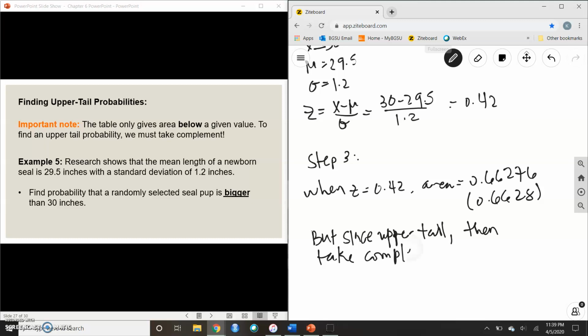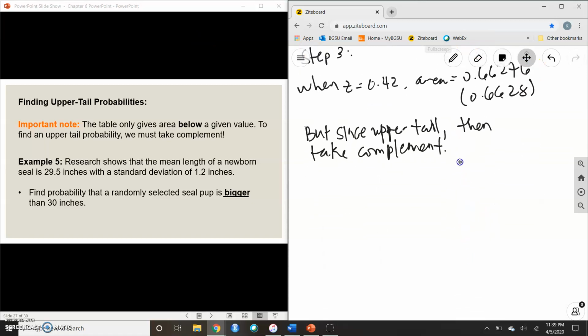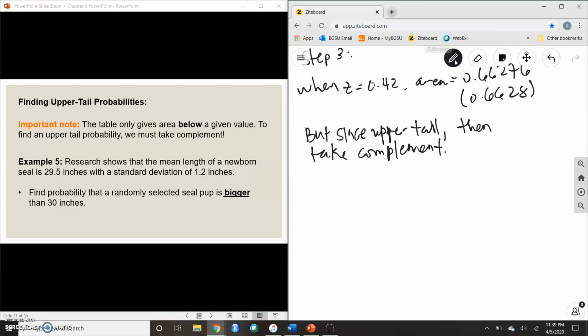And we know from chapter 5 how to take the complement. The complement is just 1 minus the probability or the area. So 1 minus 0.6628 is going to give us a value of 0.3372. Now that is our final area.